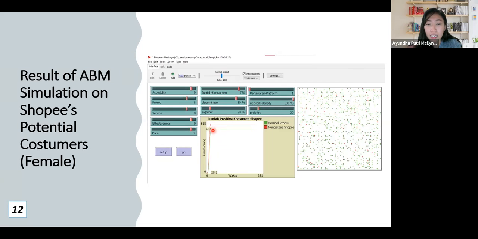At this point, in this green line, we can get the number of agents that decide to buy a product at Shopee, and we can know the number of explorer become disseminator by subtracting this number with the number of disseminators. I think like that.